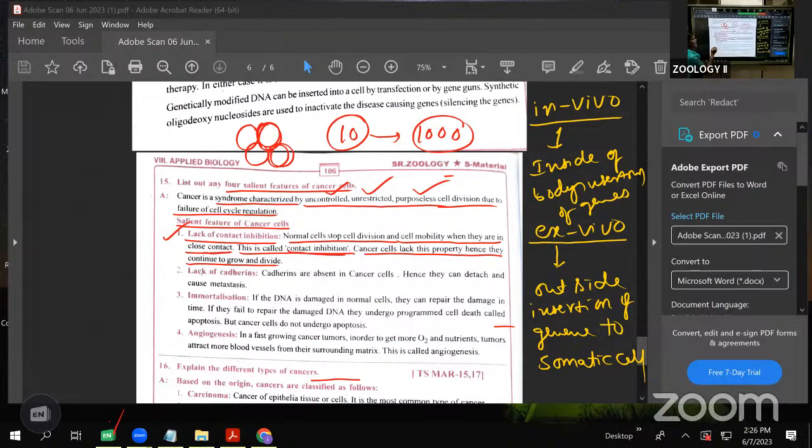Next is the lack of cadherins. What are cadherins? The cadherins are absent in the cancer cells, hence they are detached, which causes metastasis. Cadherins are thread-like structures attached between the cells. Cancer cells do not have these thread-like attachments.